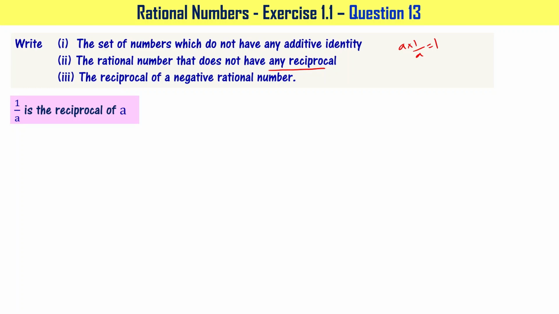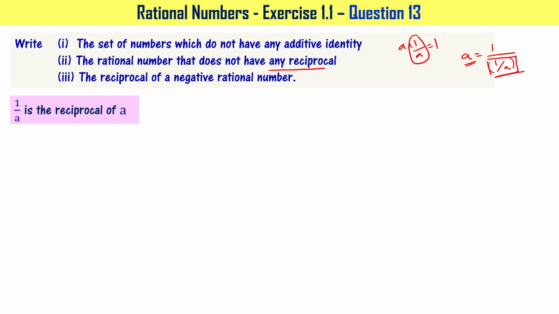For example, if I take this 1 by a onto the other side, then what I'll be writing is a equal to 1 divided by 1 by a, right? Since I'm writing this 1 by a in the denominator with 1 as the numerator, I call 1 by a as the reciprocal of a.